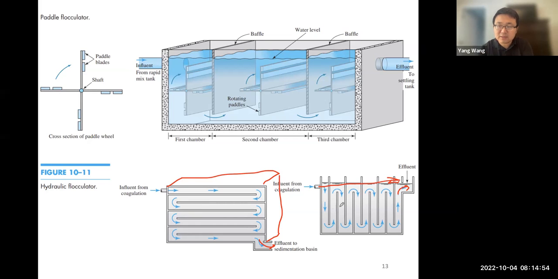But the thing here is that you don't have a moving part to further mix the water, for further dispersing these coagulants. So I would say this is probably designed for some treatment that has better mixing in the coagulator. If you already have better mixing in the coagulator, where you have a faster moving turbine, maybe at the end, we don't need these moving parts here.